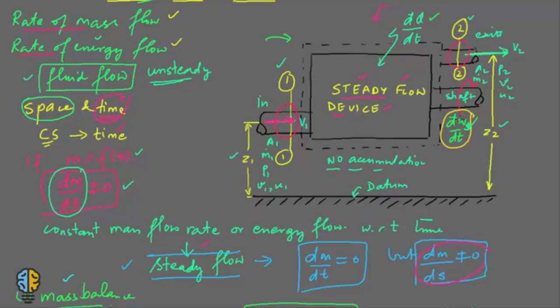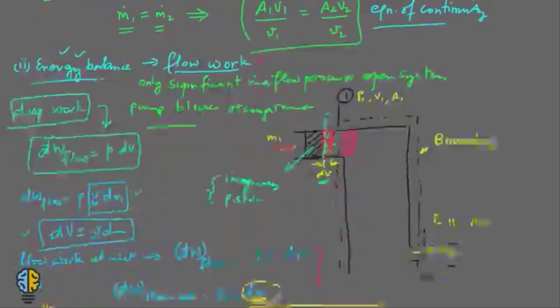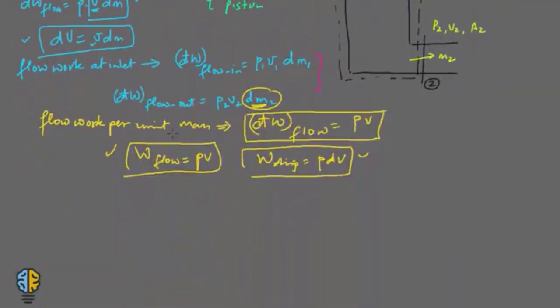This means that the total work transfer is equal to Wx, the work that comes out of the system as the shaft work, minus P1 V1 dm1 plus P2 V2 dm2.